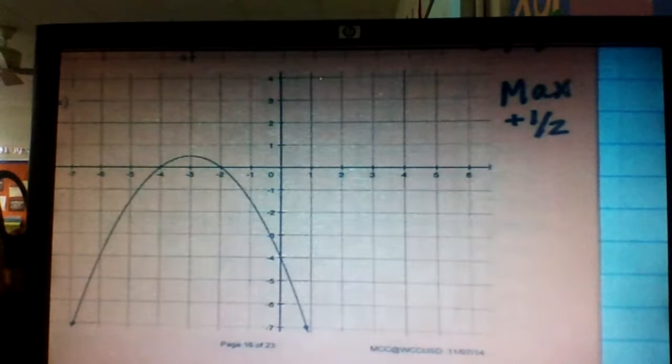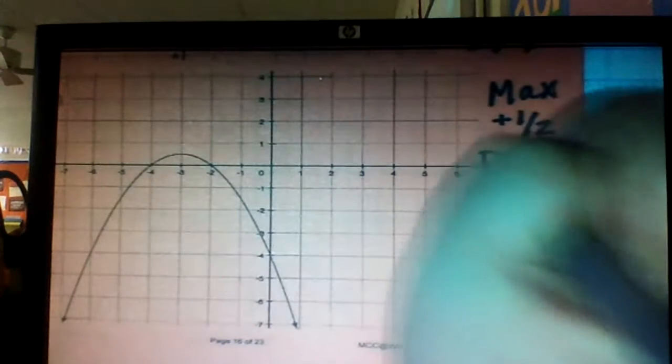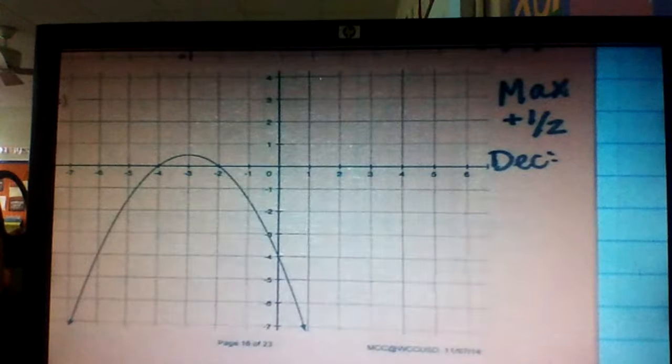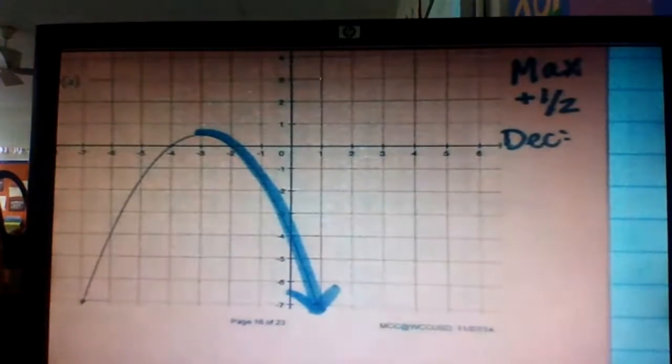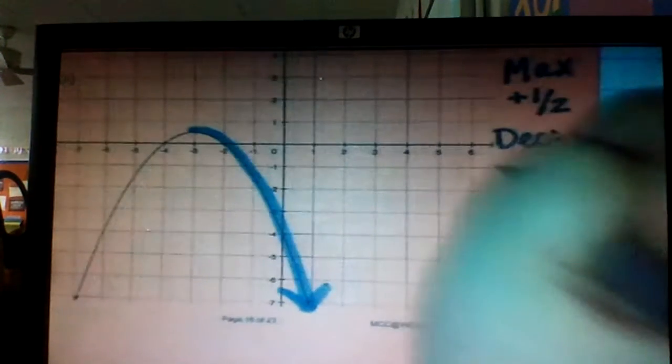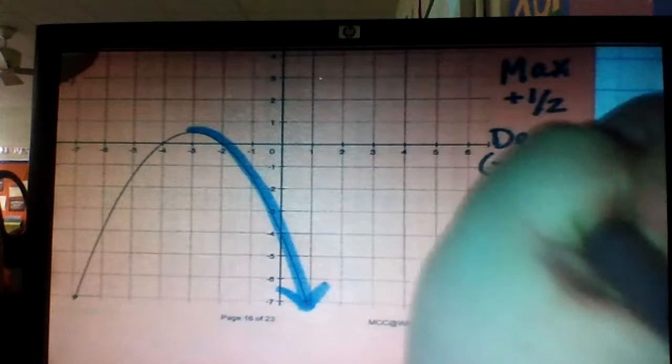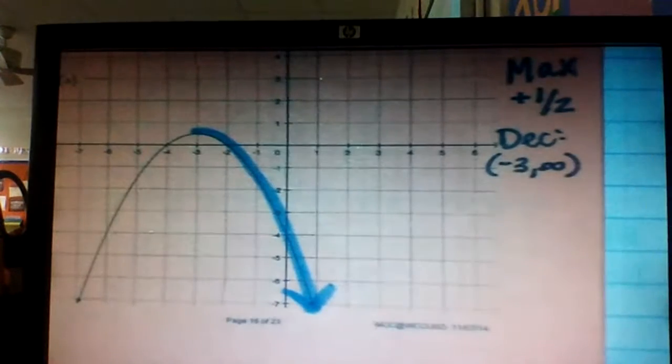Where does my graph decrease? It goes down. So where do I start decreasing? -3, not negative infinity, positive infinity. So -3 to positive infinity.